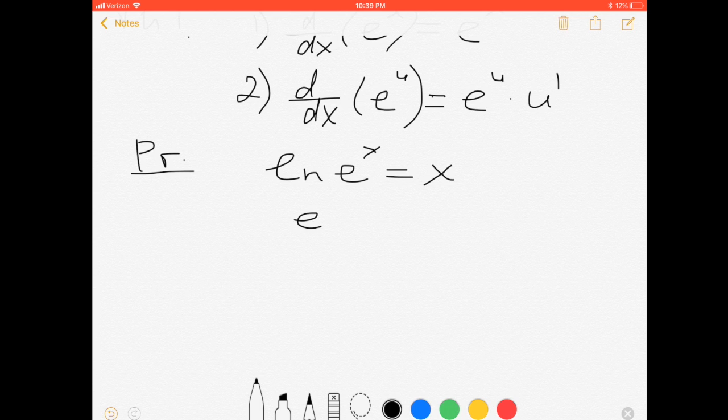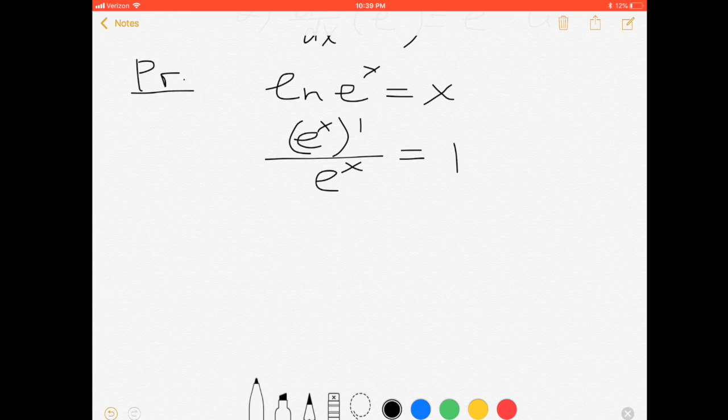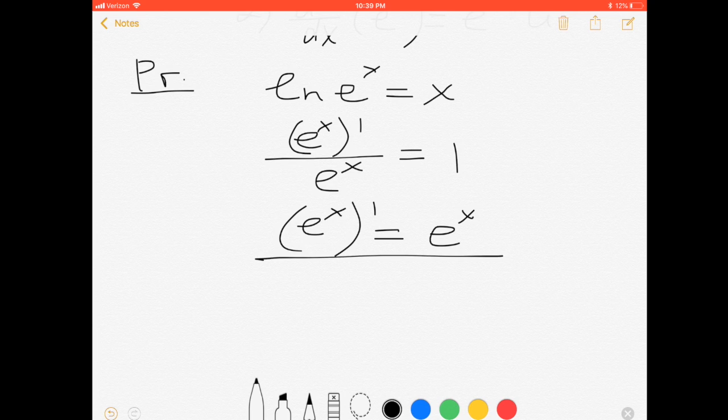The derivative of the logarithmic function is equal to 1, because the derivative of x is 1. This means the derivative of the exponential function will be the exponential function. That's exactly what we needed to prove. The second one, once more, uses this formula and the chain rule.